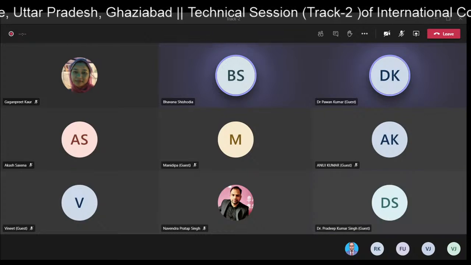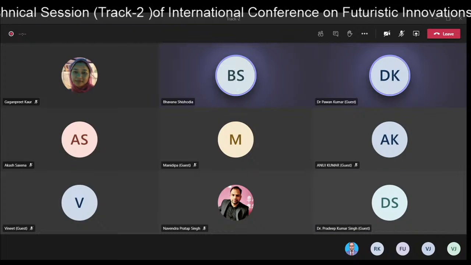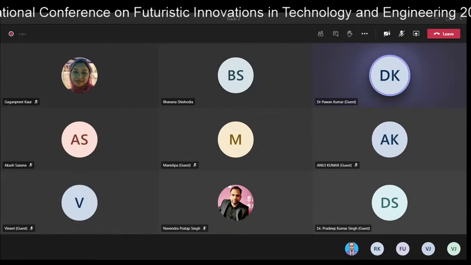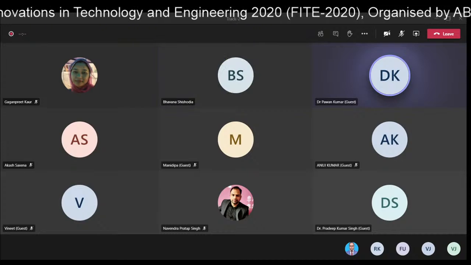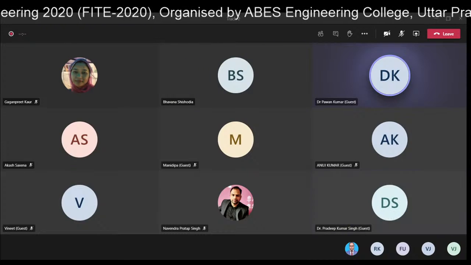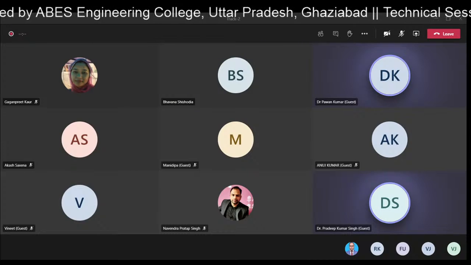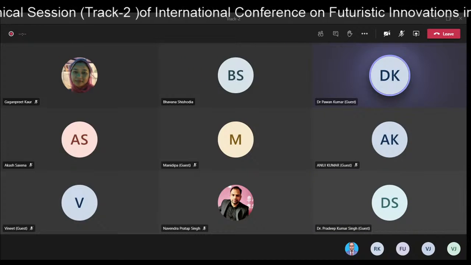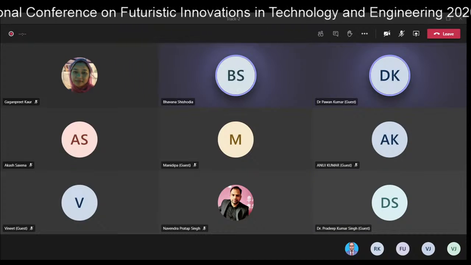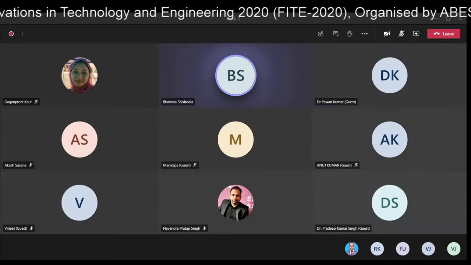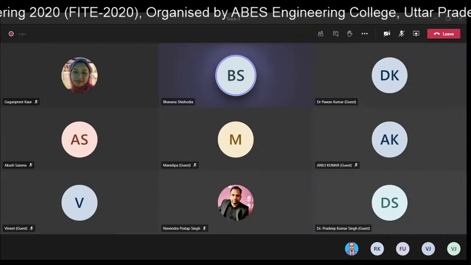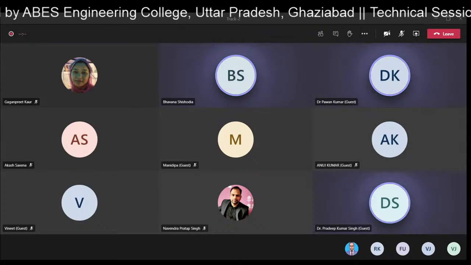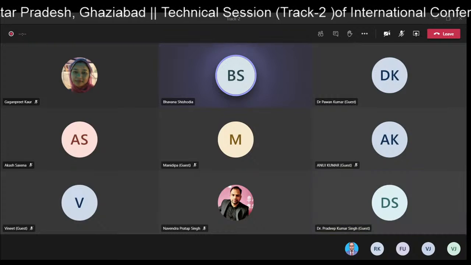You are from the electronics branch? Yes, electronics and communication, sir. Do you know any communication protocols while you are going to interface your internet activity with your real-time system? Sir, we can send data through GSM, as GSM is available everywhere and everyone can access that.